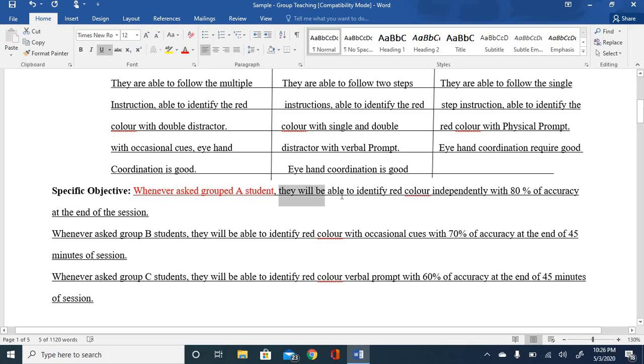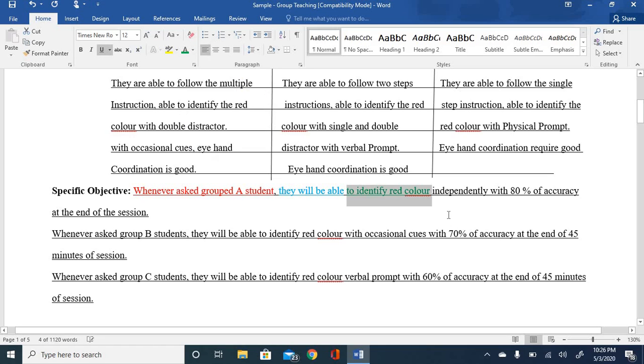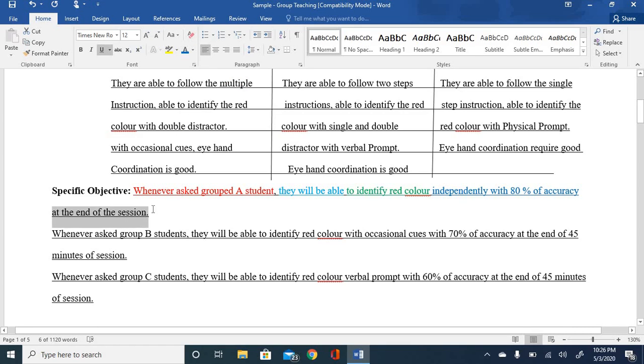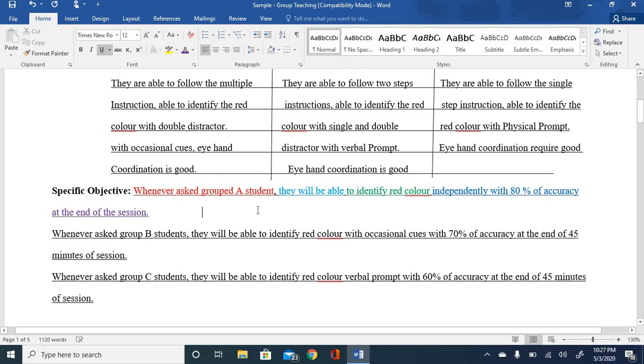"They will be able to identify" is my behavior, and "to identify red color" is my content. Okay, and "independently with 80% of accuracy" is my criteria, and "at the end of the session" is my duration. So it is very clear now.